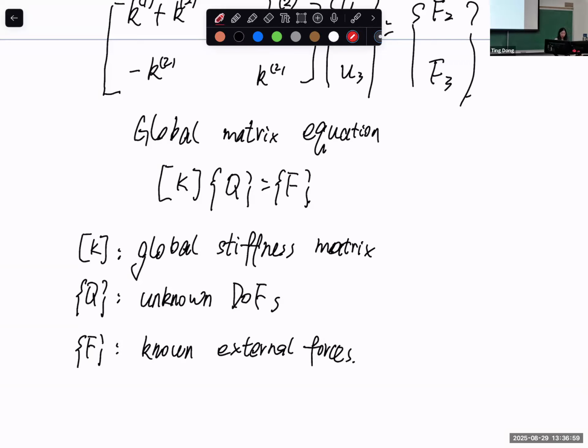Finally, we have the K matrix that is not singular, or invertible, or you can say the determinant is non-zero, same thing. And we can solve the problem.